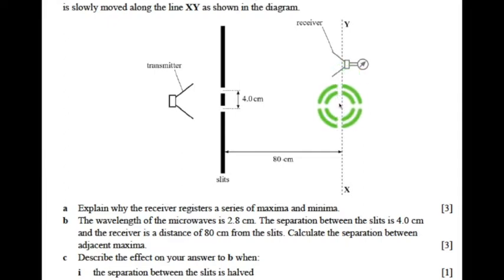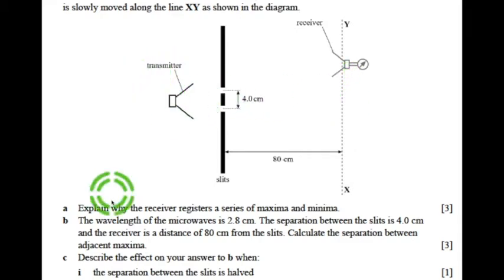High intensity where the waves superimpose to interfere constructively, and areas of low intensity where the waves have interfered destructively and cancelled each other out. That's going to be minima. High intensity is what we call maxima.